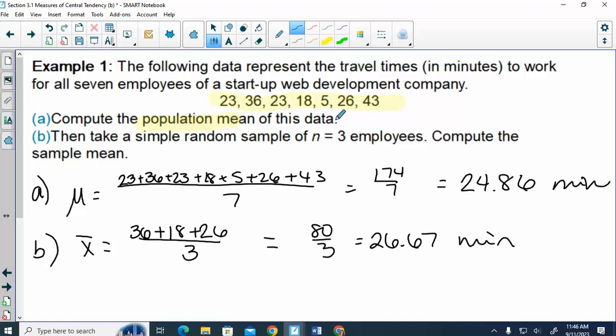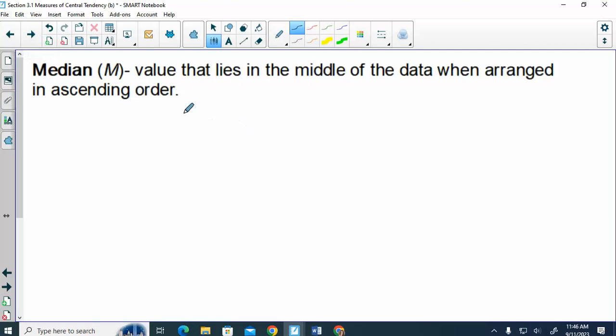So we know how to find a mean. The next value we could use to find the center of data, this one is actually not on the formula sheet because there's not much to it, is the median. We use a capital M to represent median.